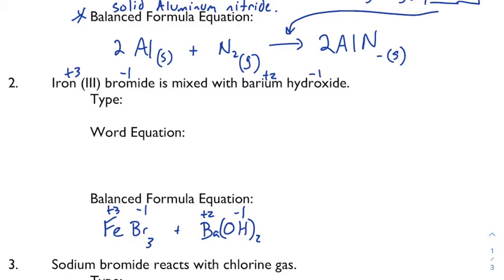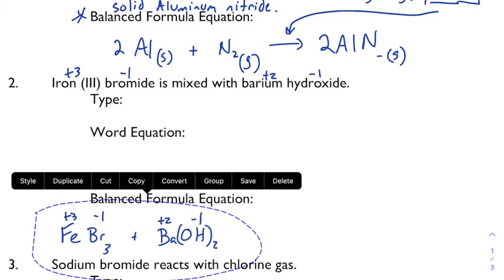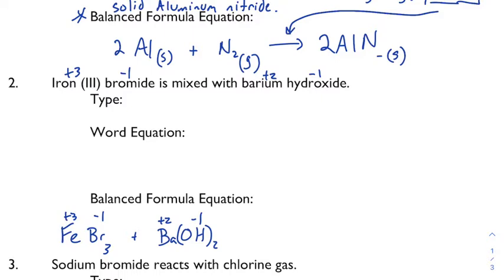Okay, so from here, I'm just going to move everything down just a touch and over. What type of reaction do we have? Well, we have a compound plus a compound. So it looks very complex. It's leading me to believe that it's a double replacement. Now what happens in a double replacement is that the metals trade places.